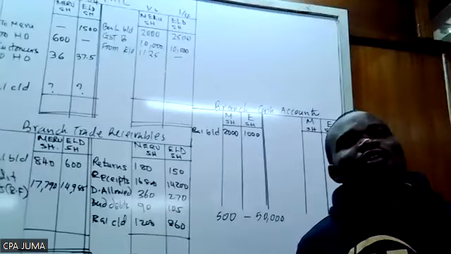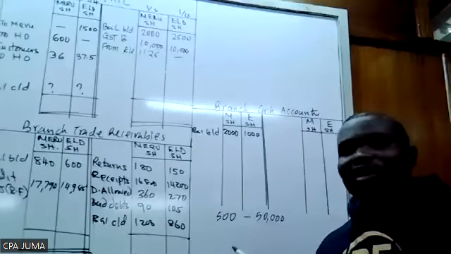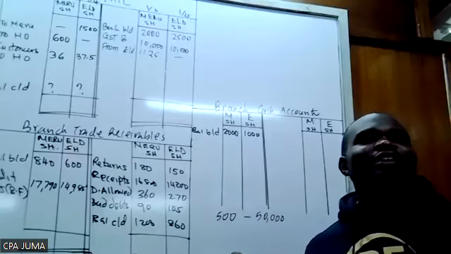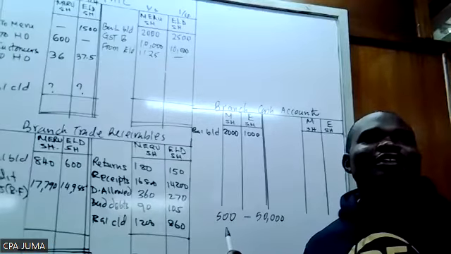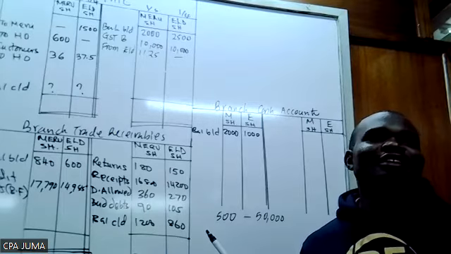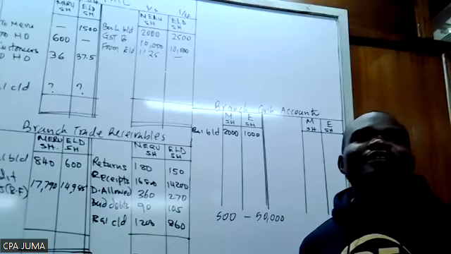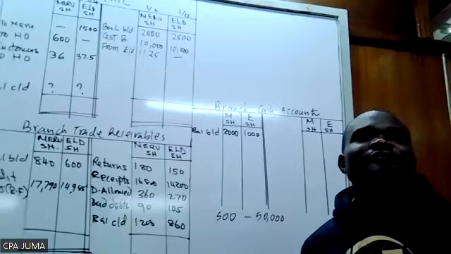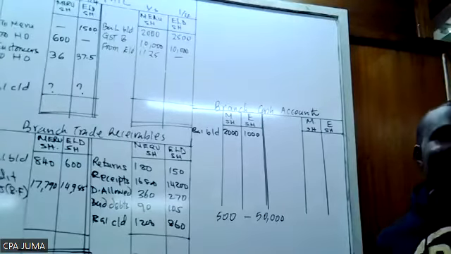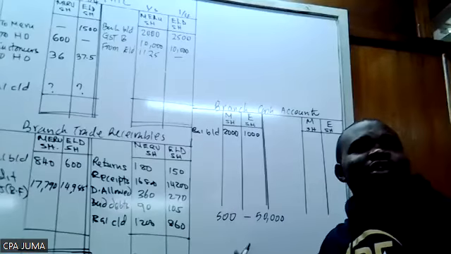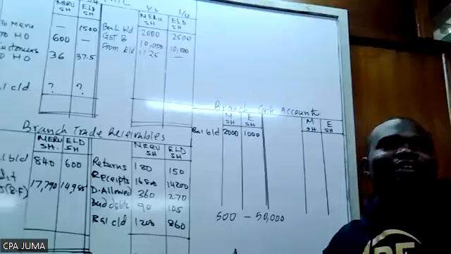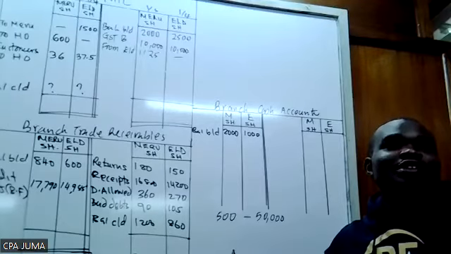Your mother, your father, your brother. Now in US dollars, 500 is what? The exchange rate today is around 120.